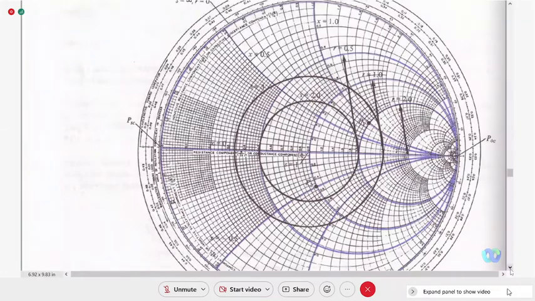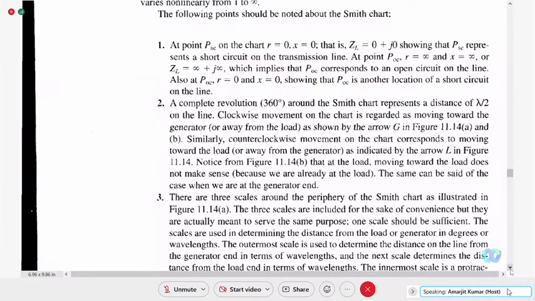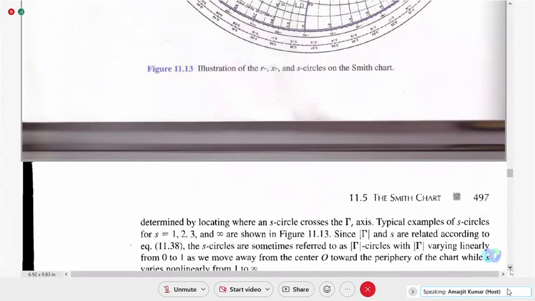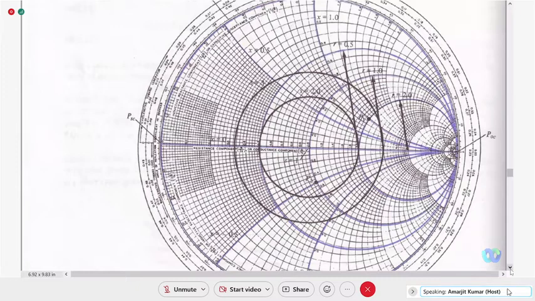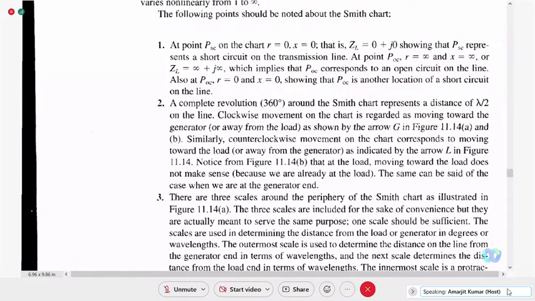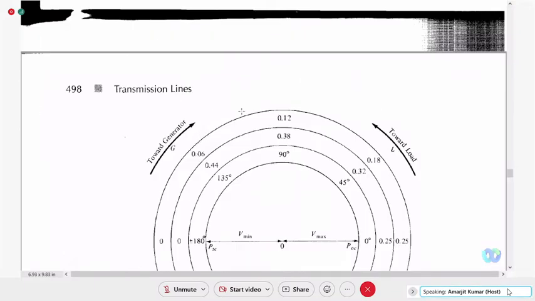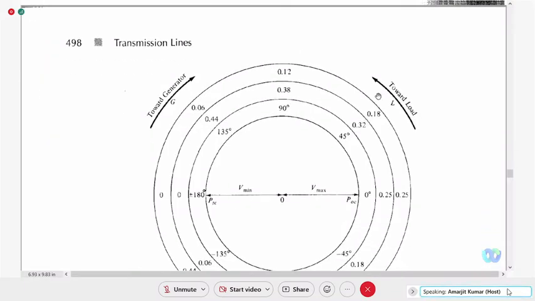Next, clockwise movement means moving toward the generator as per the Smith chart. Counterclockwise movement means moving toward the load. It is shown clearly in this figure. Toward the generator means clockwise; toward the load means counterclockwise.